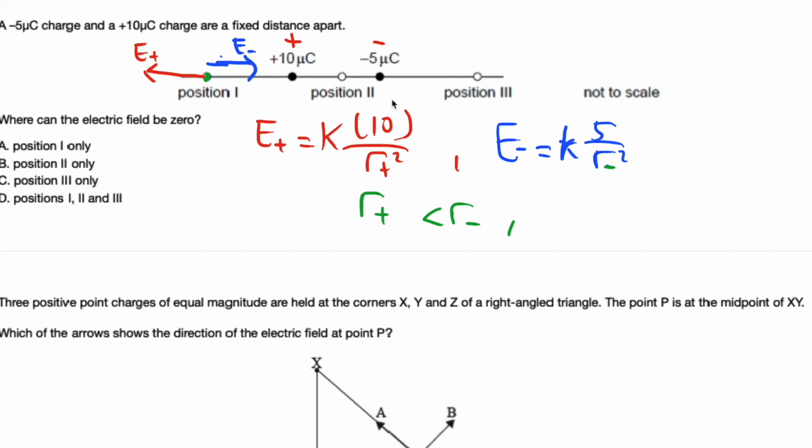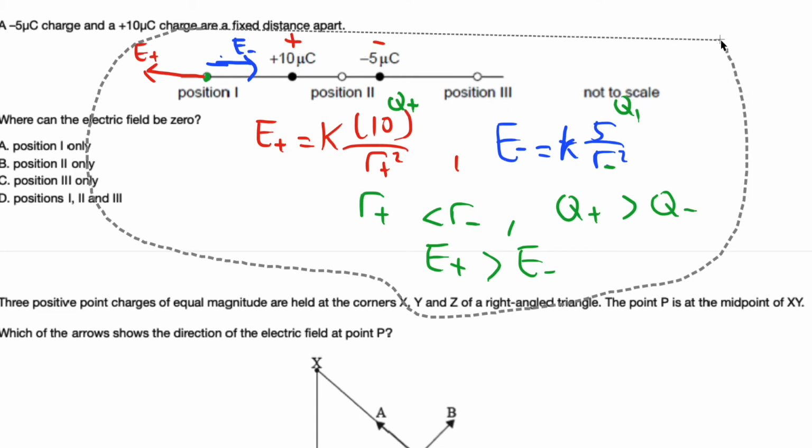And here, let's say this is Q plus and this is Q minus, and Q plus is larger than Q minus, which means that E plus will always be greater than E minus in position 1, so the electric field cannot be 0 here. Right. So position 1, electric field cannot be 0.